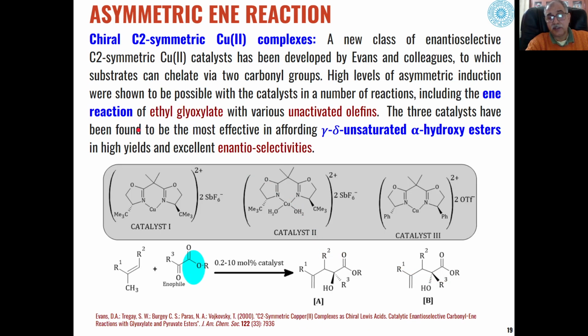Then in metal based complexes, also some chiral synthesis has been achieved, and mostly copper based complexes have been used for these types of chiral reactions.